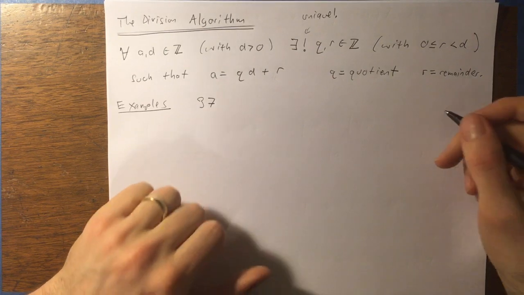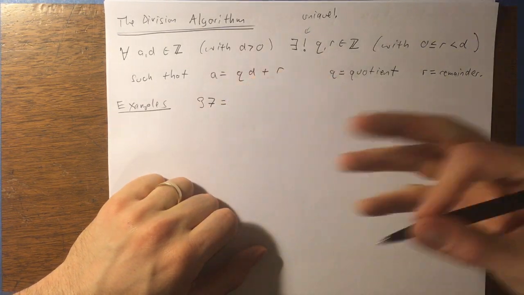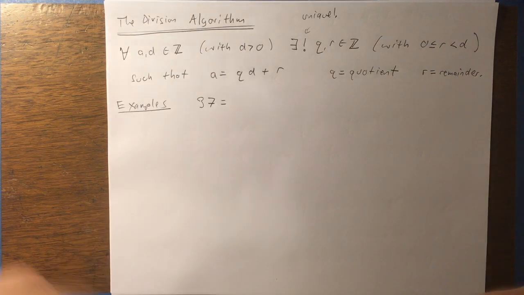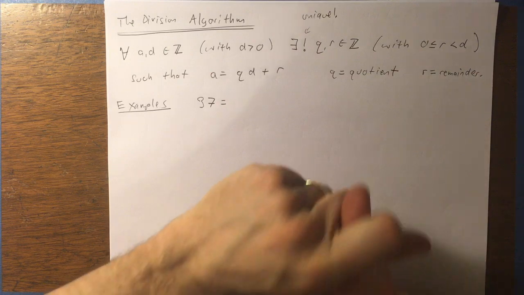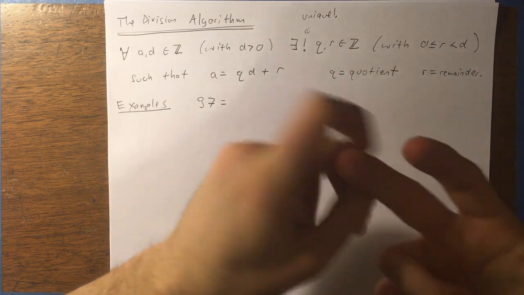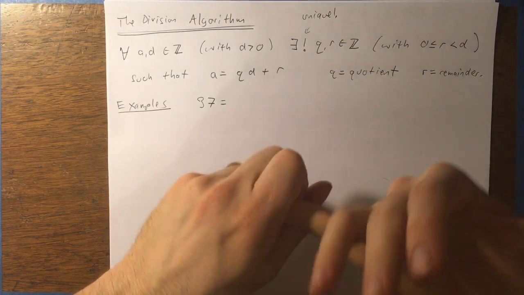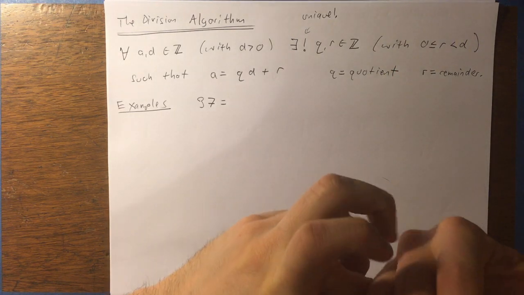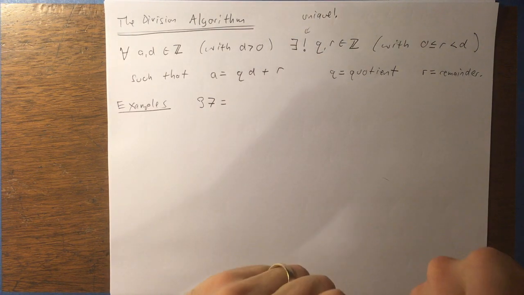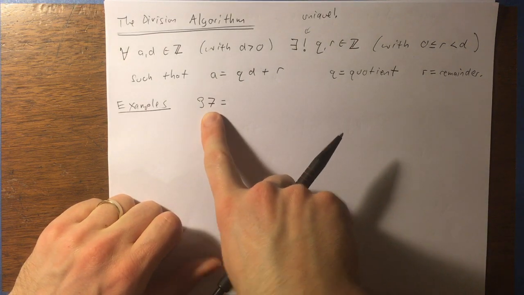So let's talk about dividing 37 by 7. Well, what's the largest multiple of 7 that goes into 37 that's still less than 37? You've got 7, 14, 21, 28, 35. Oh, hey, and then you go to 42, right? So 35 is the largest multiple of 7 which is still less than 37.